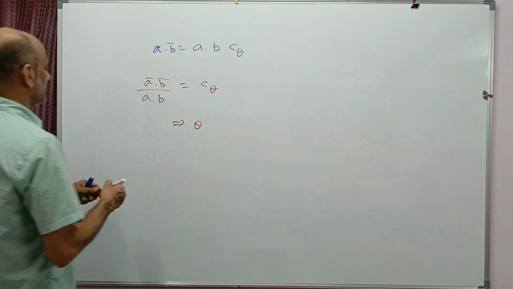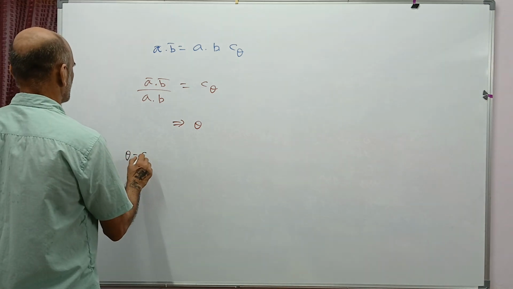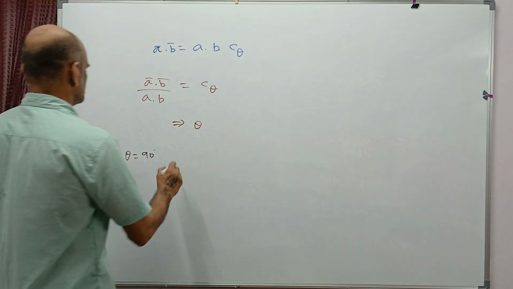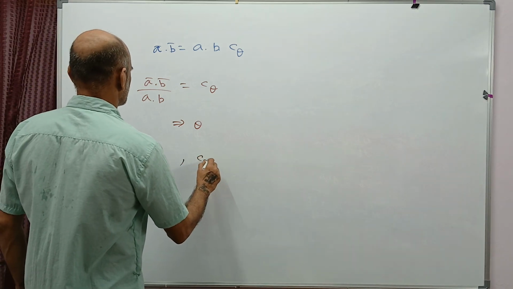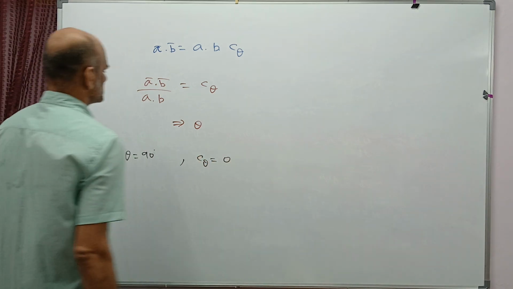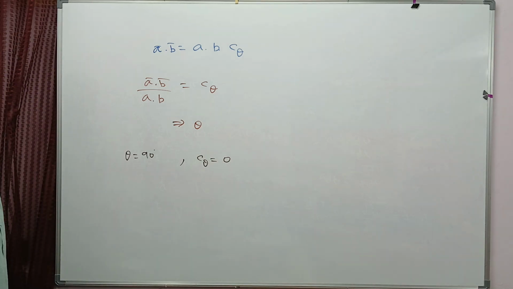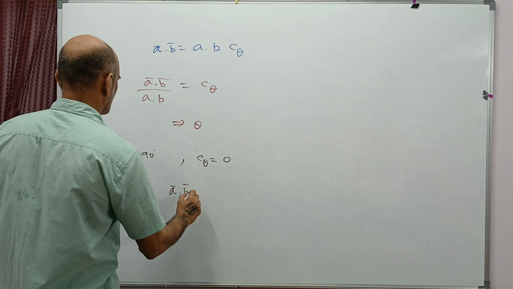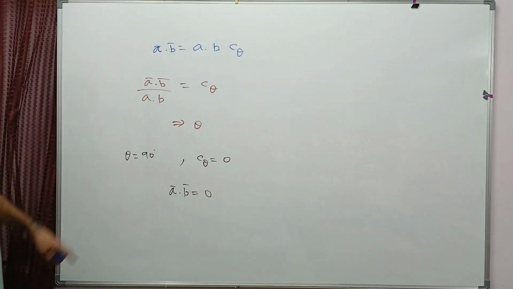One particular case, say theta is 90 degrees. That means cos theta is cos 90, which is 0. Sin 90 is 1, cos 90 is 0. So that means A dot B is 0 when theta is 90 degrees.